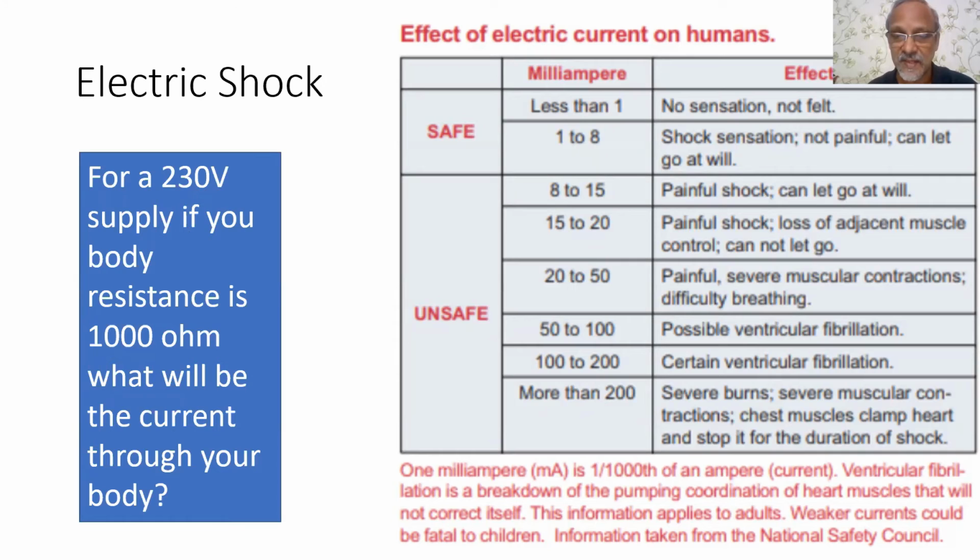So at 230 volt, if you play with electricity without taking any precautionary measures, there is a chance of getting an electric shock, which can even lead to death. So understand that electricity is very, very serious to play with.